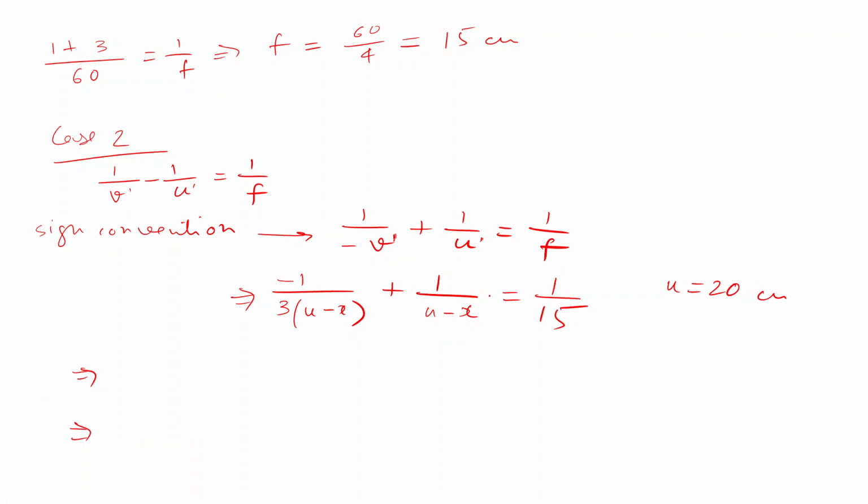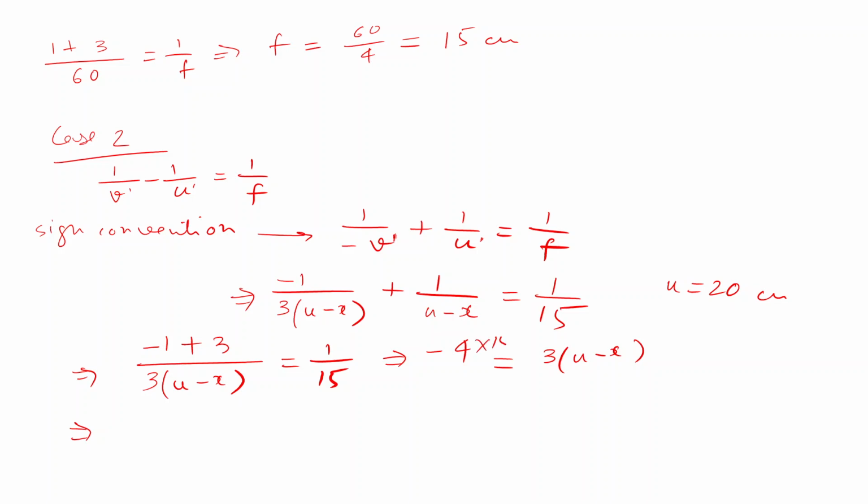Let me keep this as it is. Then the LCM will be 3 times U minus x, minus 1 plus 3 is equal to 1 by 15. This will be minus 4 is equal to 3 times U minus x, and 15 also, if I take this side, it will be this.